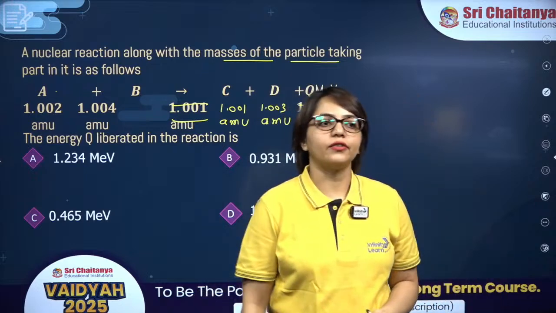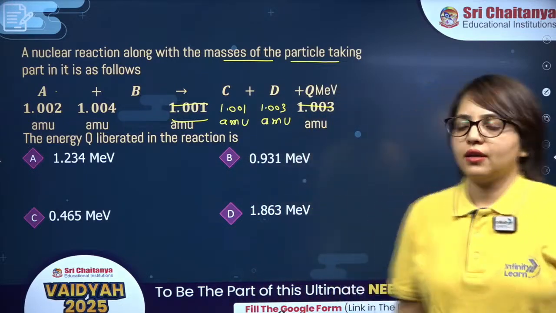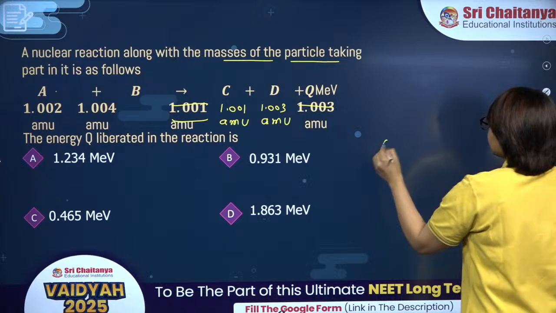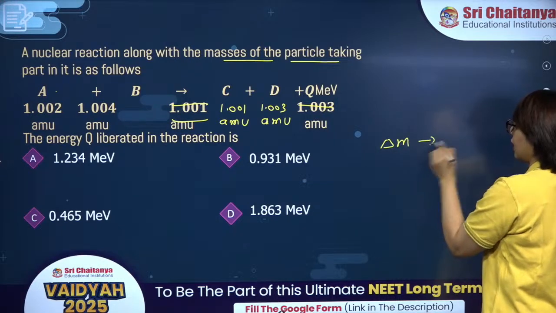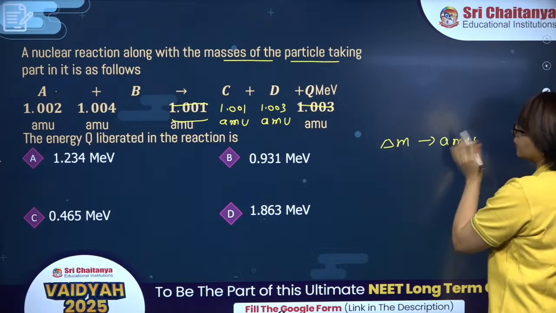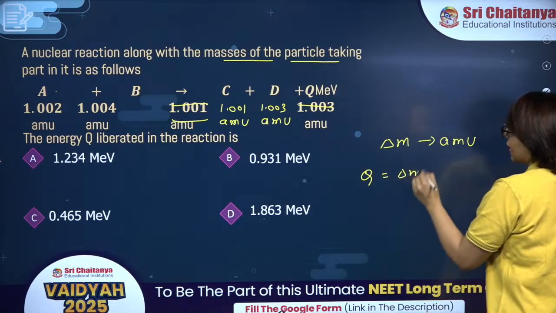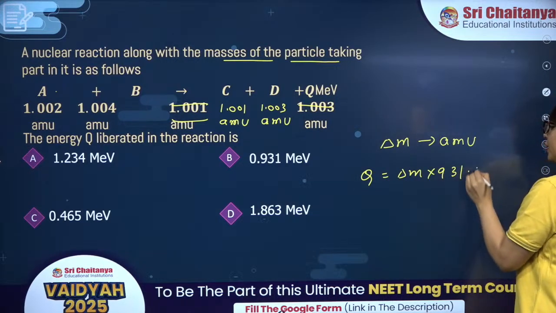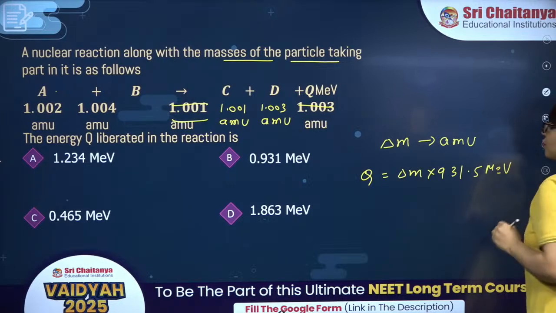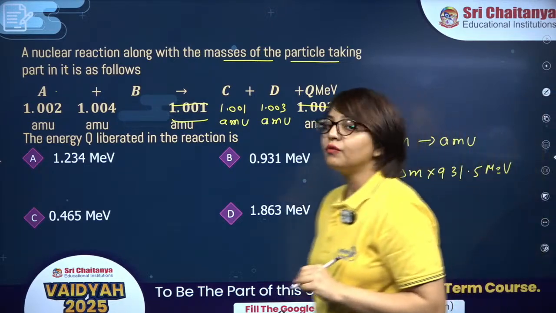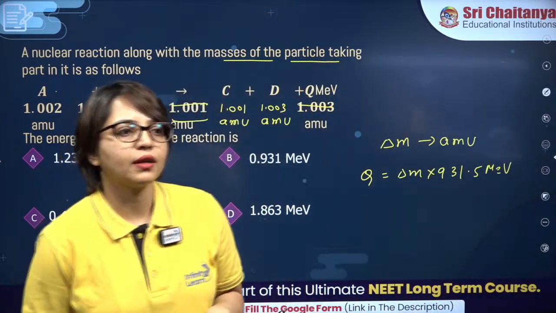If delta M is the mass lost in AMU during the nuclear reaction, then energy liberated is delta M into 931.5 mega electron volt. Come on guys, this is one of the easiest questions.